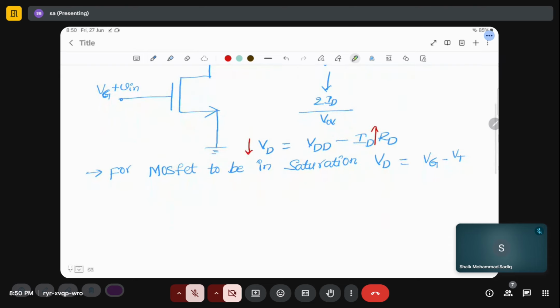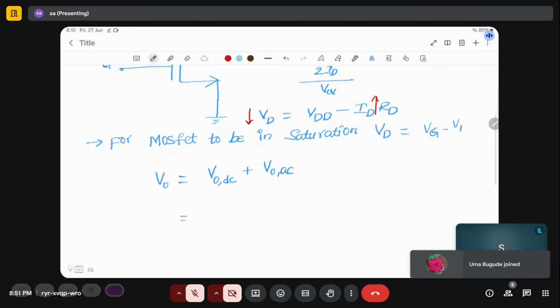Instantaneous voltage V naught is equal to V naught DC plus V naught AC. Okay, what is V naught DC?